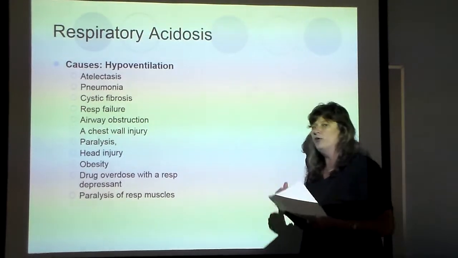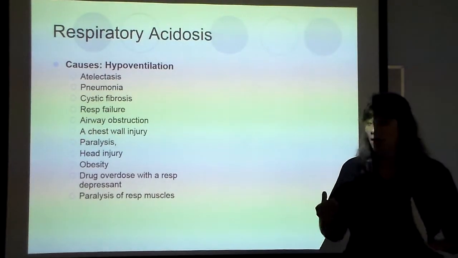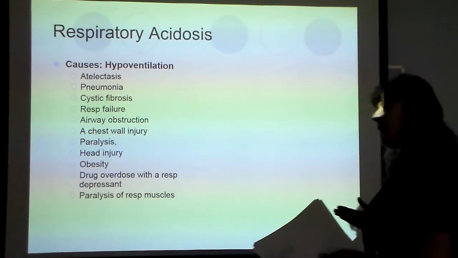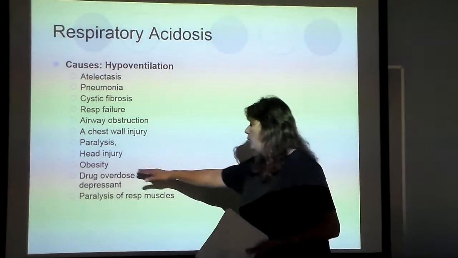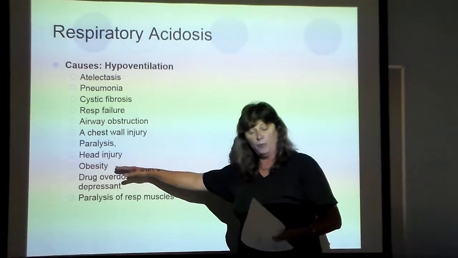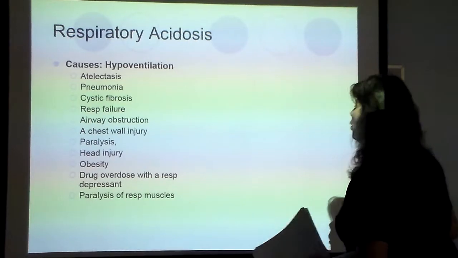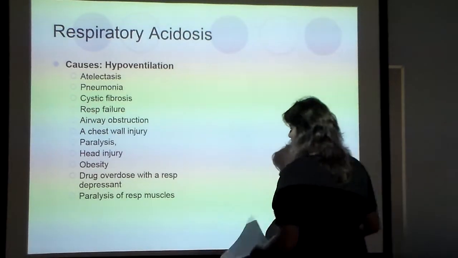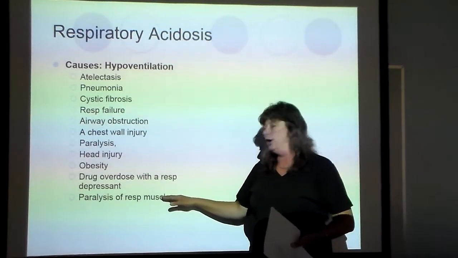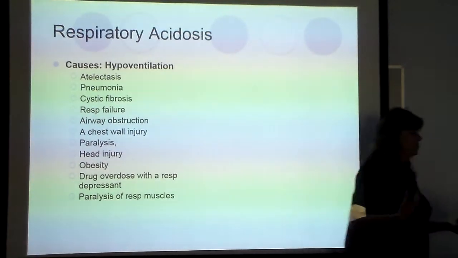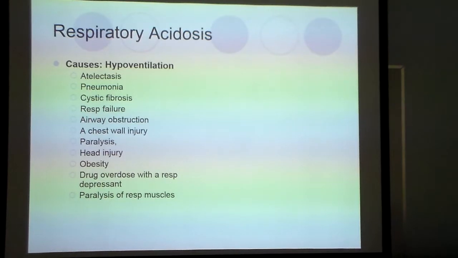We see hypoventilation with head injuries. We see it with obesity. The sleep apnea that we associate with obesity, and therefore we put people on CPAP and BiPAP. Drug overdoses with opioids, big one, respiratory depression, and paralysis of respiratory muscles, as in Guillain-Barré. Okay.